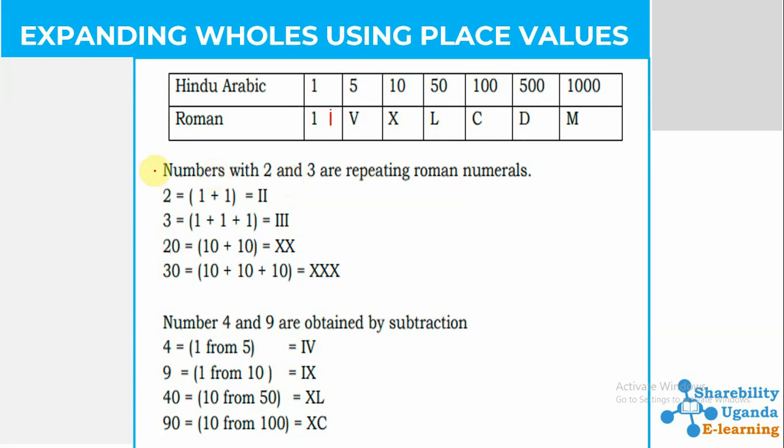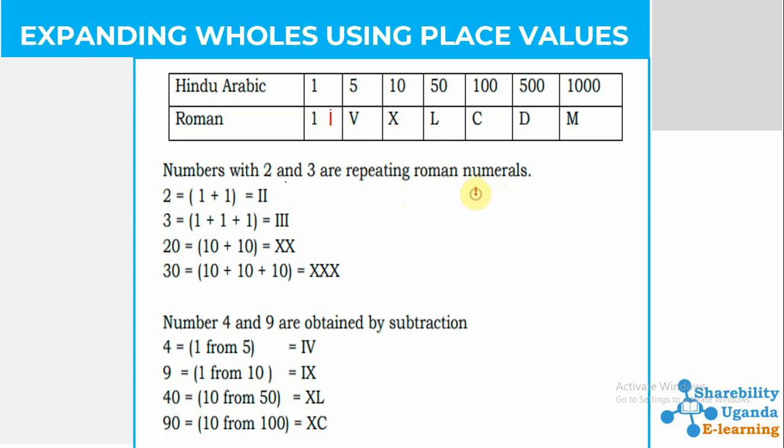in Roman numerals. For example, here we have our concept that for us to get up to 5, numbers with 2 and 3 are repeating Roman numerals. This simply means that these numbers are just repeated.